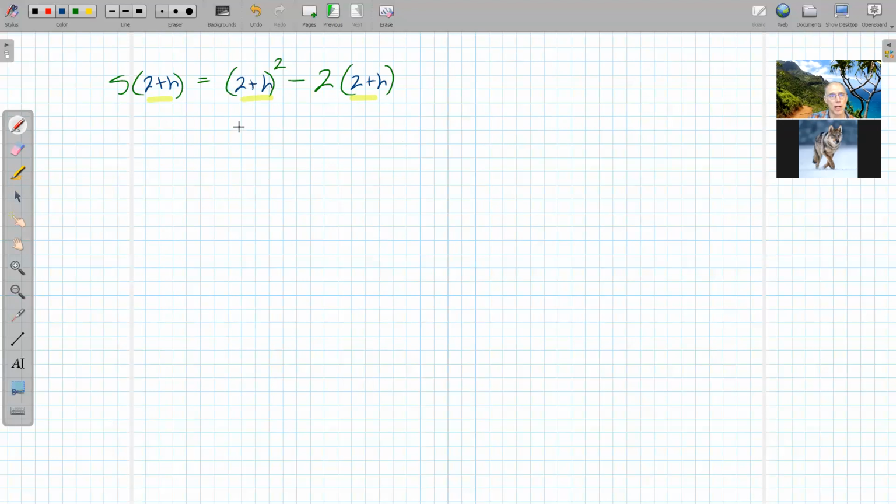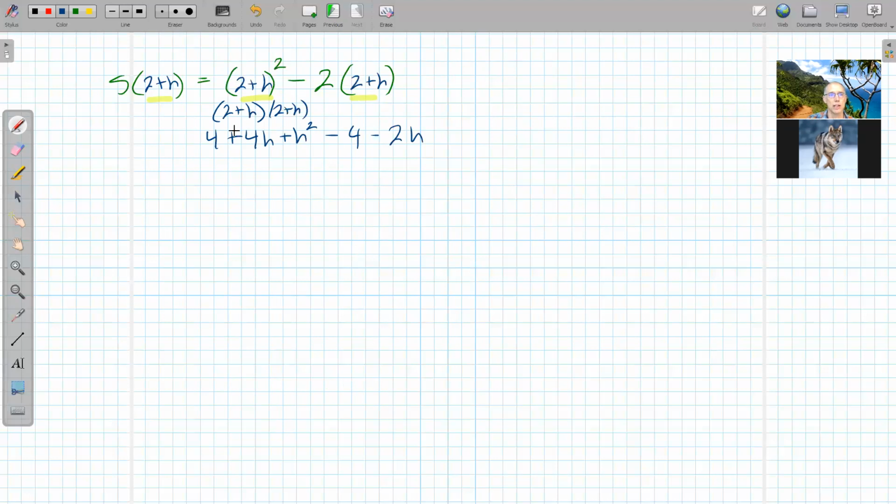There's no shortcut for that. And so that's going to be 2 plus h times 2 plus h. And so that's going to give me 4 plus a 2h and another 2h. So that's going to be 4h plus h times h, or h squared. And then minus 2 times 2 and minus 2 times h.